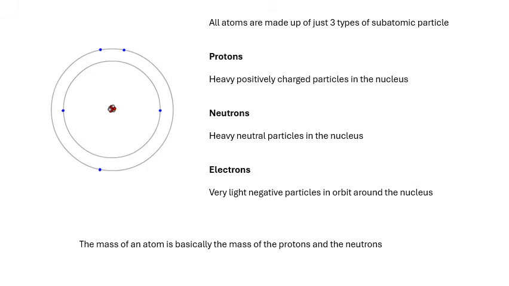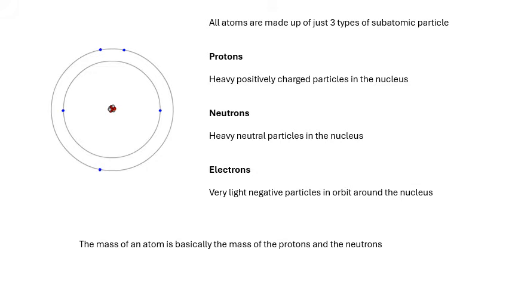Protons and neutrons are heavy, okay? In fact, nearly all of the mass of the atom is the mass of the protons and the neutrons. Protons and neutrons have, as near as damn it, exactly the same mass. It's actually slightly different, but we'll say they have the same mass, and they are heavy.